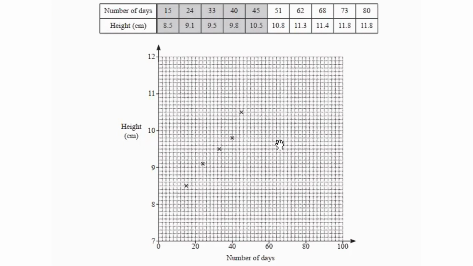So I'm going to go blind doing this, and I think this is 50. 51 is going to be in the middle, and 10.8.